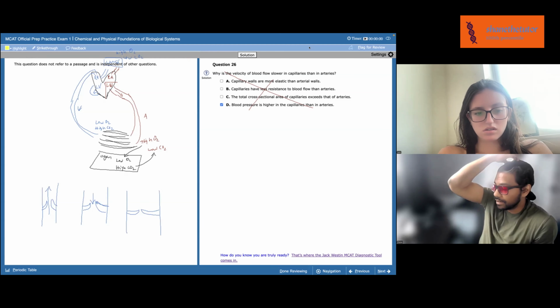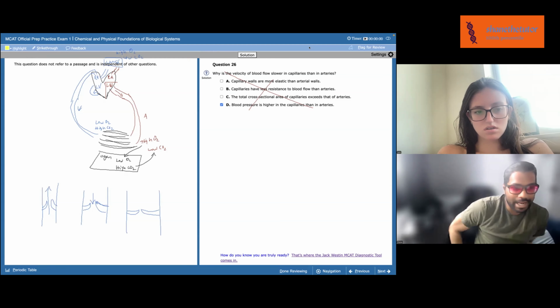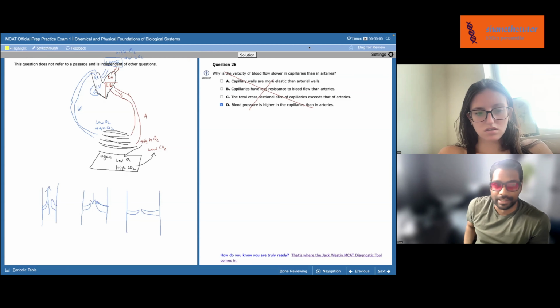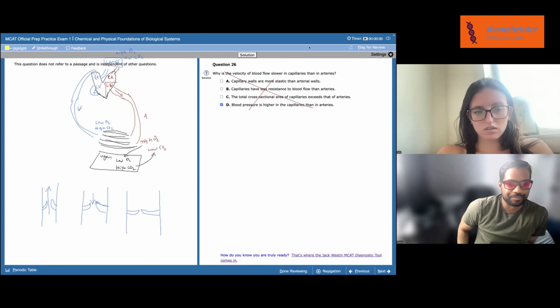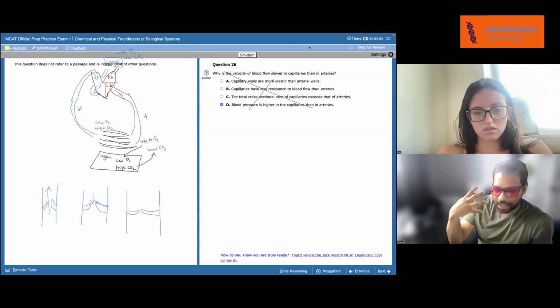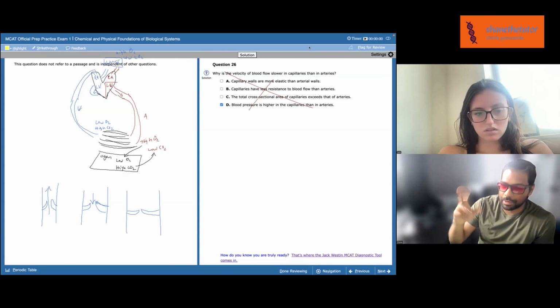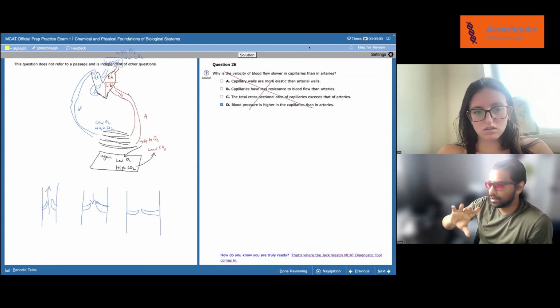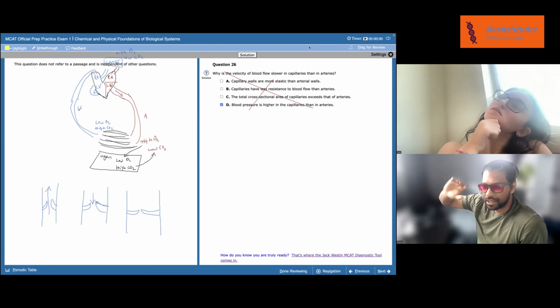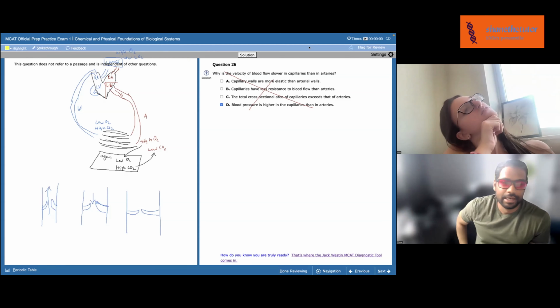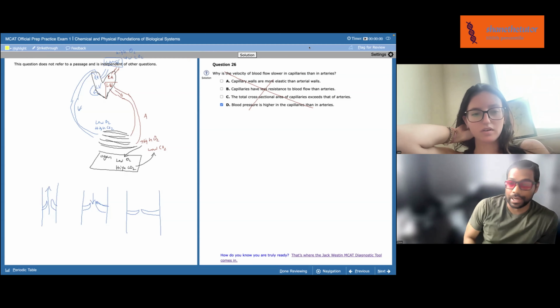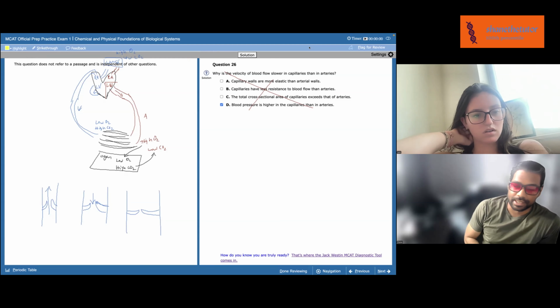And so our blood needs to transport oxygen throughout our body. Arteries, since they're going outward from the heart, have a tremendously high pressure.